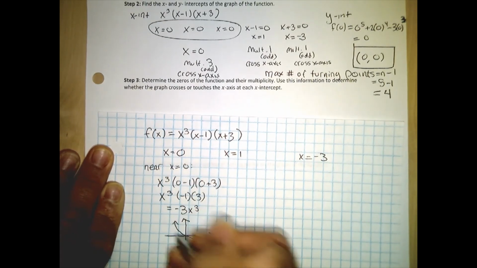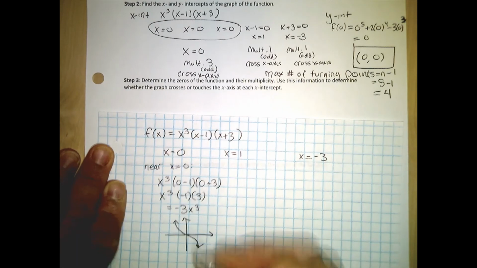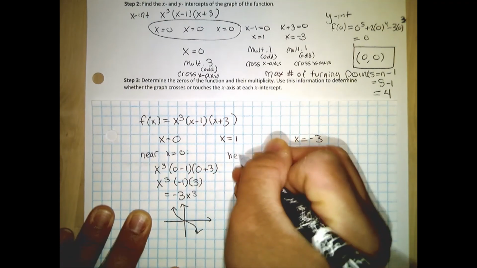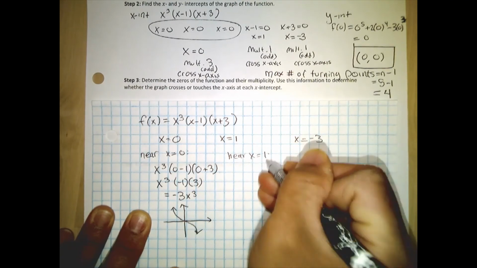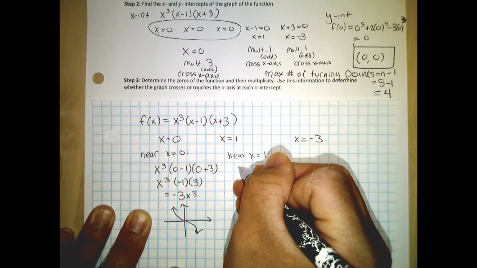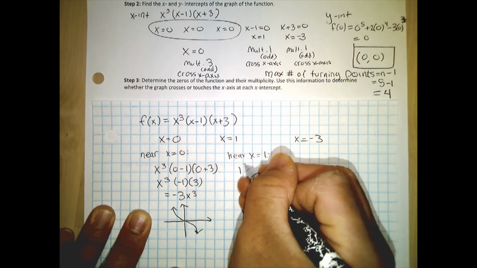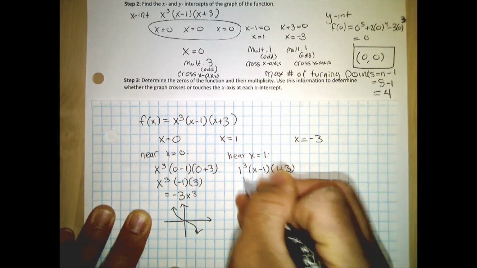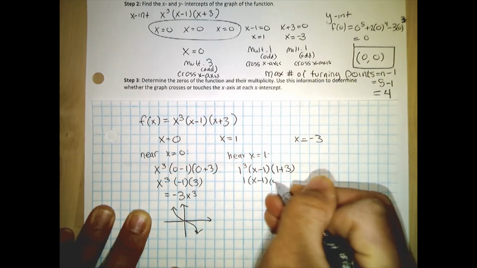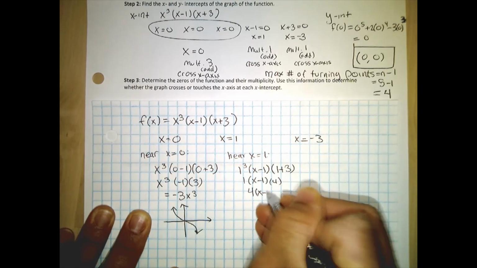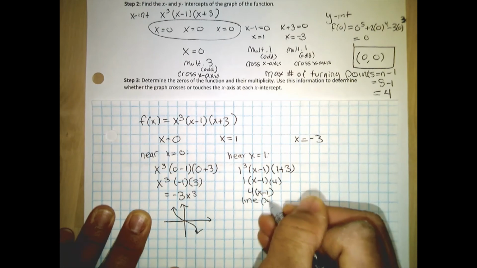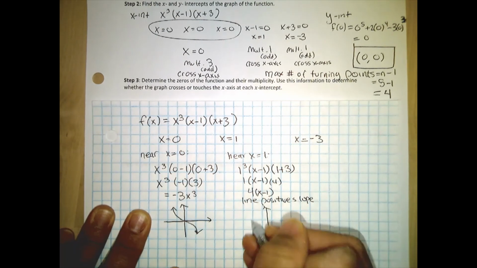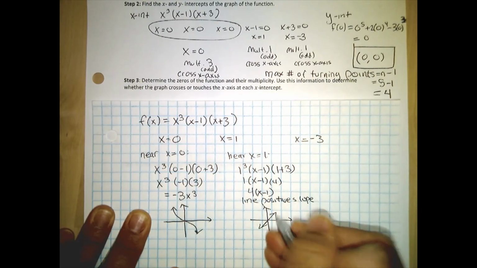Here we go. This is the general shape of negative x to the third. Near x equals 1, we have 1 to the third times x minus 1 times 1 plus 3, so 4 times x minus 1, which is a line with a positive slope. So this will look like this.